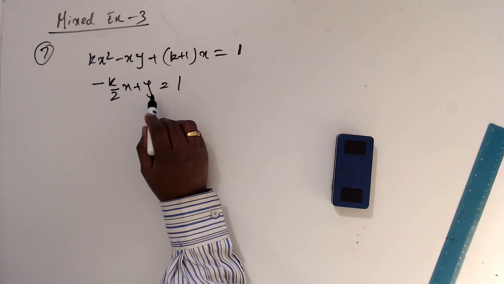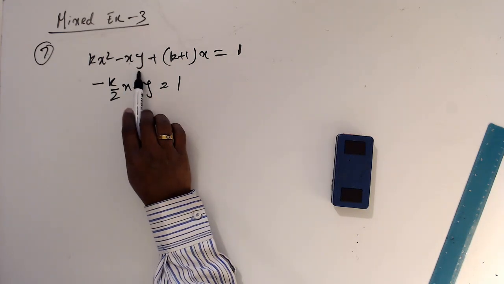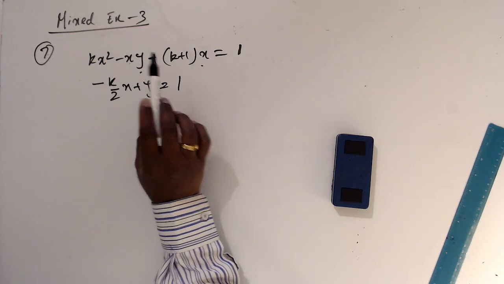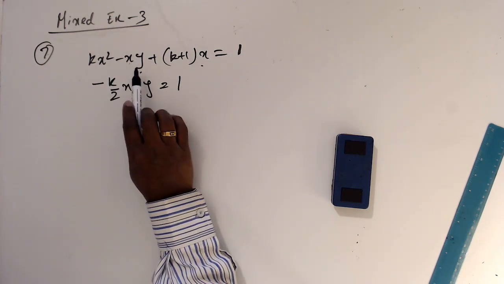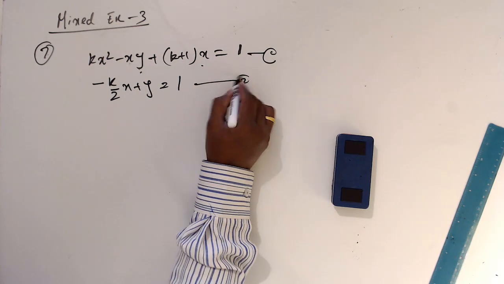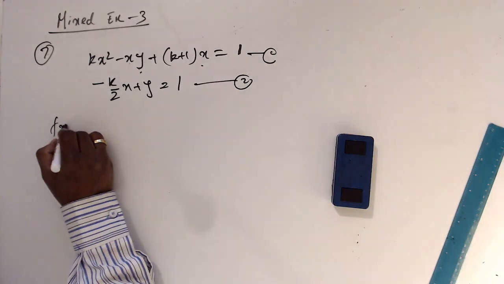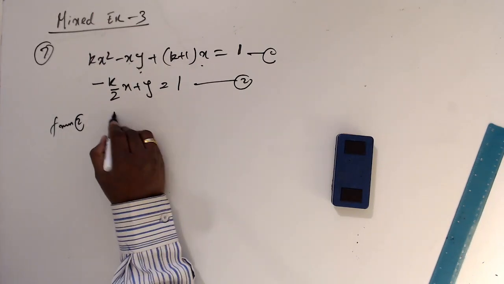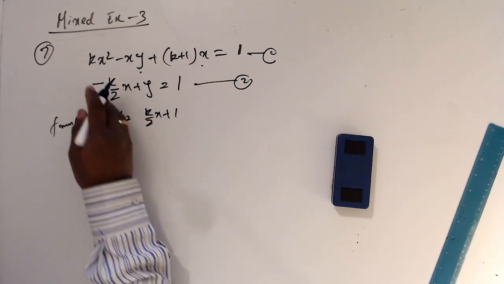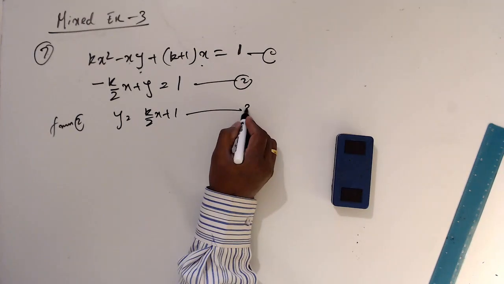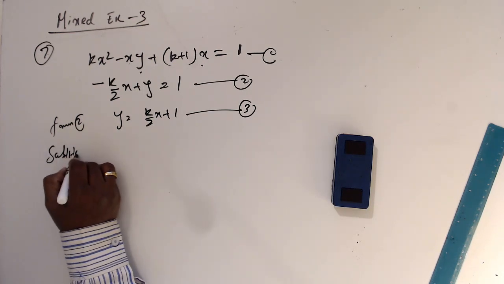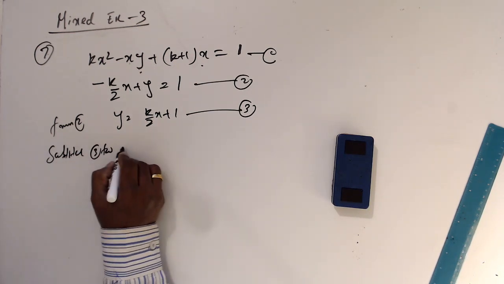When I look at that, I can see only one y value and 3 x values, so the best thing is to replace this y. From 2 I can write y equals 1 plus k over 2 x, bringing it to the other side. Then 3. Substitute 3 into 1.